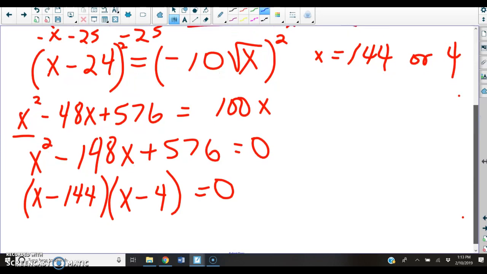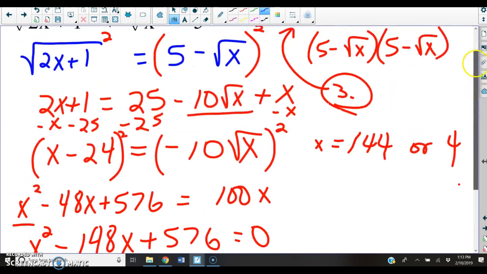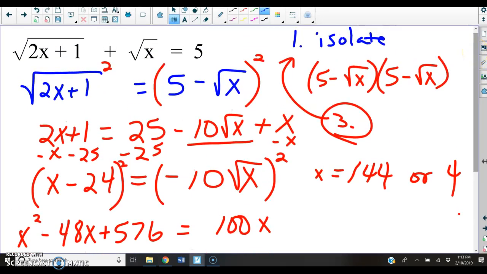Okay, I'll give you time to look at that, or you can pause it. But now I need to check it. So if I put 144 in here and here, I'm going to have the square root of 289, which is 17, plus the square root of 144, which is 12.